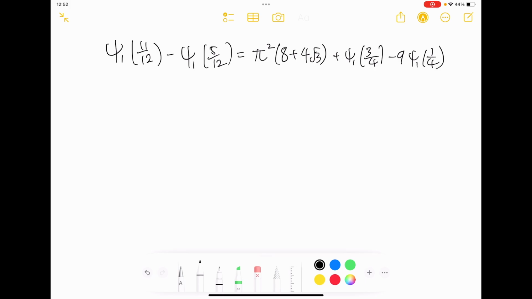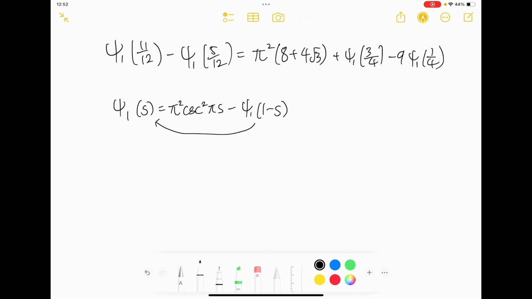Right, so essentially we are going to find the values for these just on their own, and we're going to make use of the reflection formula again. So I've written the reflection formula out as this. So pi s minus 1 minus s.